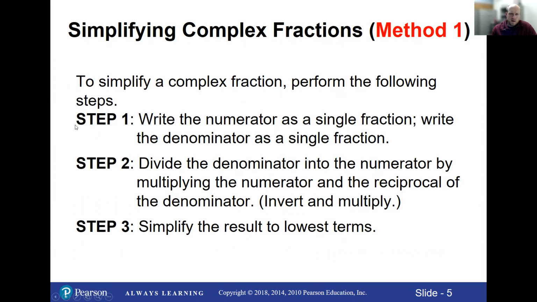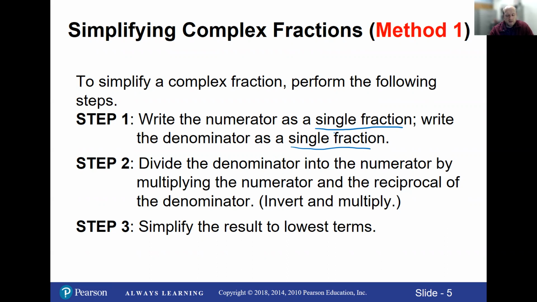So method one, okay, so to simplify a complex fraction, we're going to do the following steps. We're going to write the numerator as a single fraction. We're going to write the denominator as a single fraction. Okay, and really this purpose of single fraction is very important because it may require that we do stuff like last section, where we take two rational expressions and we either add or subtract them together to make a single fraction first.